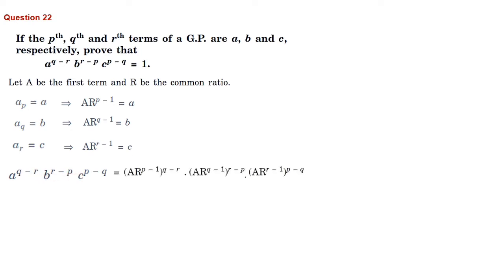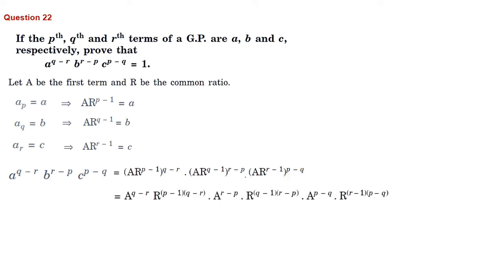That means, what is a? a is AR^(p-1). So (AR^(p-1)) to the power q-r, that we put, into b. b is AR^(q-1), that is written (AR^(q-1)) to the power r-p, into c. c is AR^(r-1), (AR^(r-1)) to the power p-q, that is written.